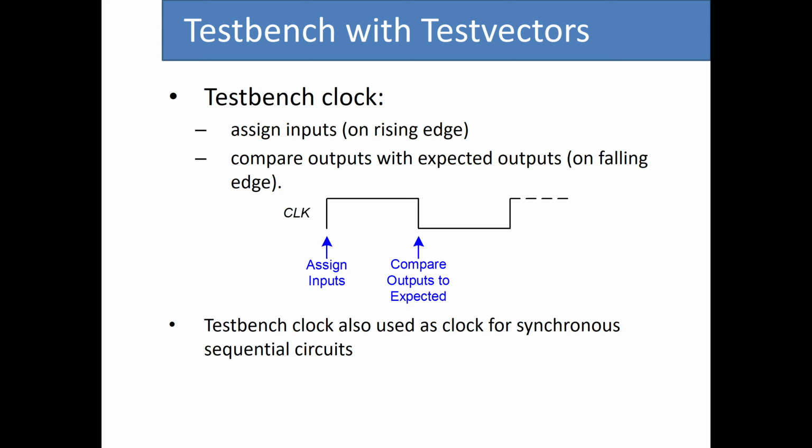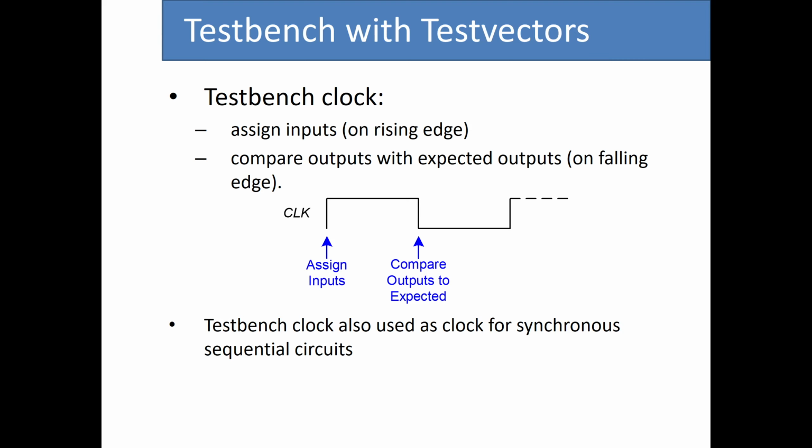So to create the clock, what we basically can do is that this clock signal can be used to provide timing for when we assign inputs and when we compare the outputs with the expected outputs.